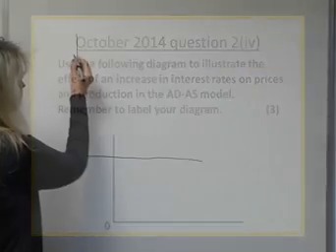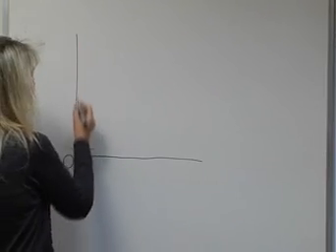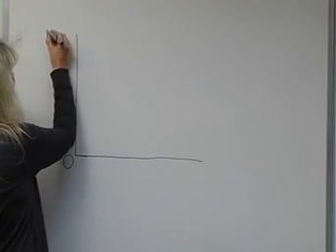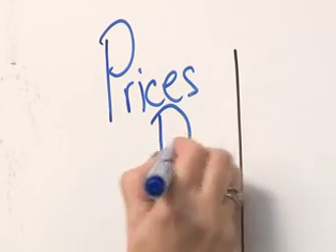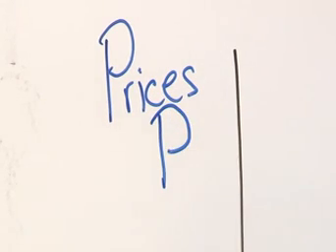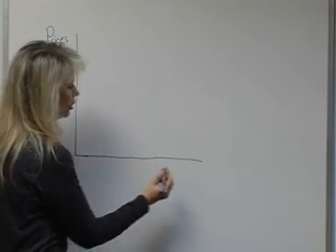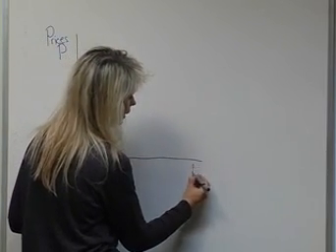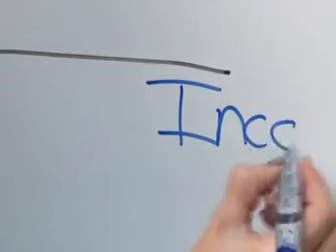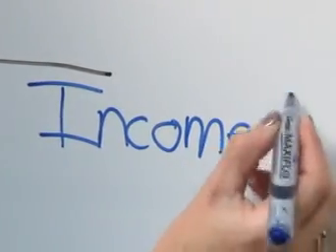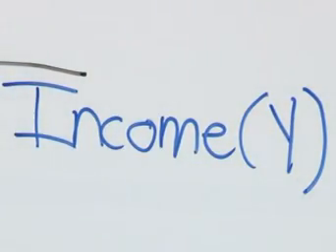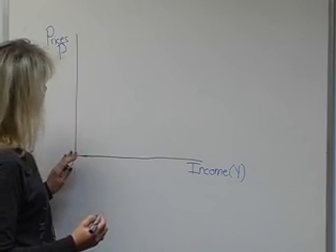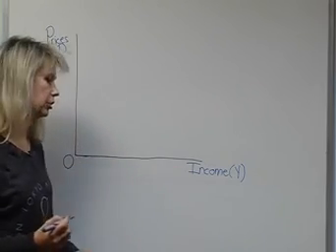So we know on the vertical axis we show prices, and you can just show P, abbreviate it, and on the horizontal axis we show the income level. Use a Y to depict that. So prices on the vertical axis, income on the horizontal axis.